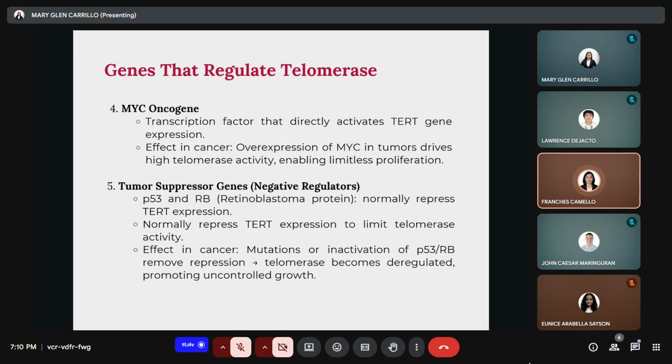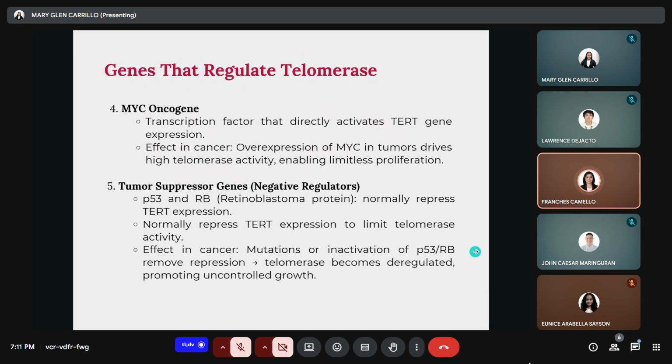And in many tumors, MYC is overexpressed, which means it is constantly switching telomerase on. This is one of the ways cancer ensures it never runs out of telomeres. Just like what I've constantly said, if telomerase is turned on, then cancer cells are given the chance to continuously reproduce. That's how it happens.